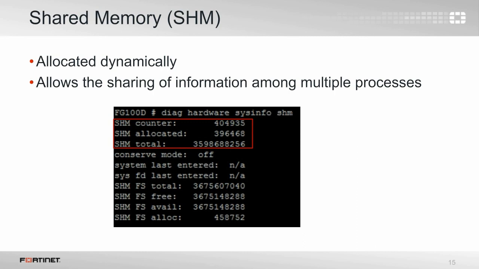So, a process cannot share information with another process by reading or writing data into the memory allocated to that other process. For that purpose, the operating system dynamically allocates shared memory, SHM. The SHM can be accessed by multiple processes, allowing the sharing of information among them.